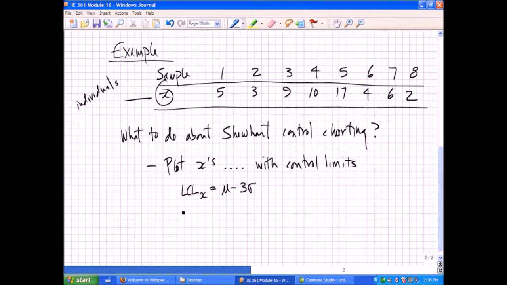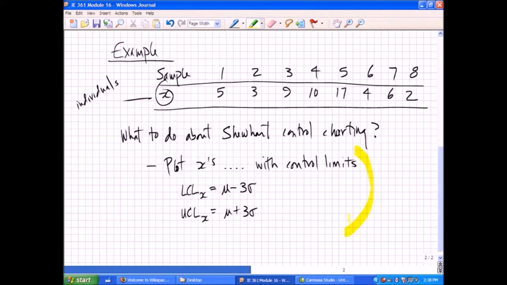Similarly, an upper control limit for x, a reasonable choice would be to use mu plus 3 standard deviations as an upper control limit for individuals. Truth of the matter is, this is the right thing to do.